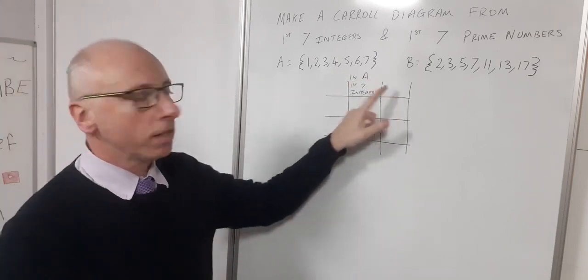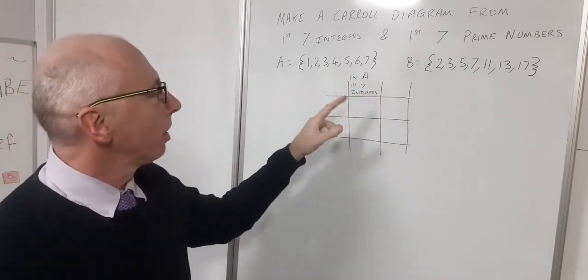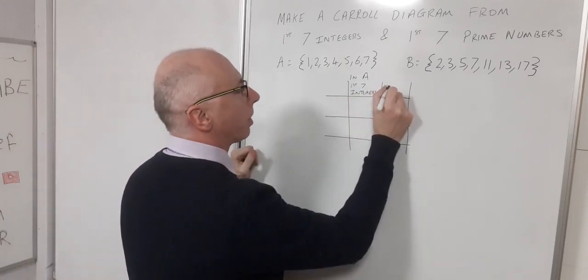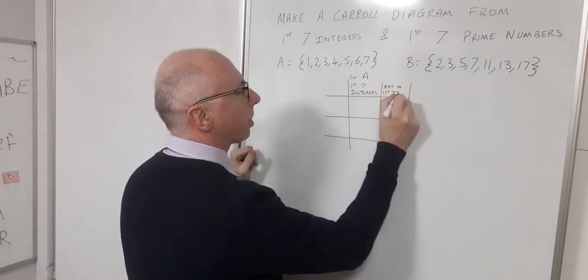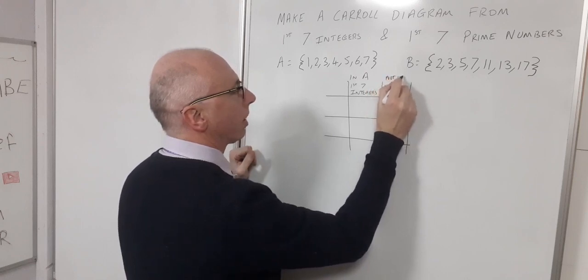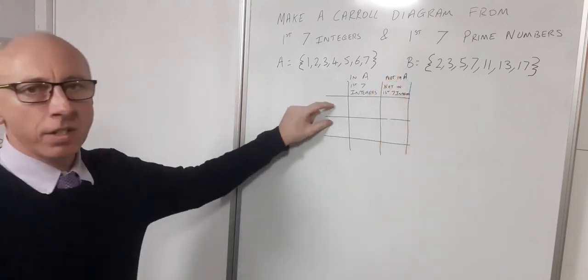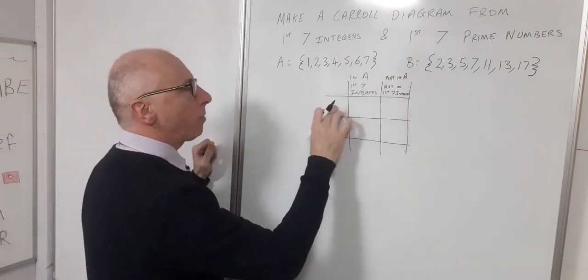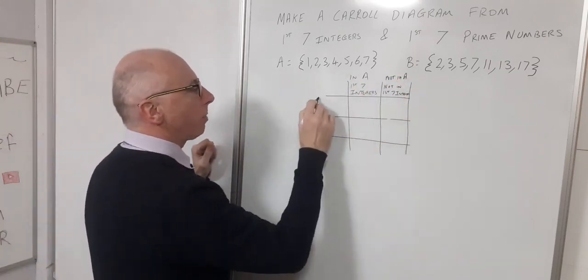And then next to this, I'll write the opposite of that, which is not the first 7 integers. So not in first 7 integers. So I'll just say here, not in A. And then on this side, again for set B. So here, my top line will be first 7 prime numbers.